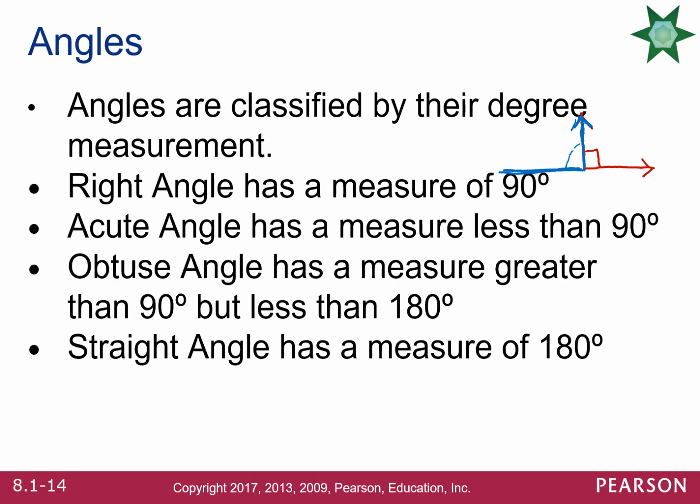This is not quite a straight line, sorry about that, but it's going to be positioned in the opposite direction to the initial side, correct? So that would be 90 plus 90. So 90 degrees plus 90 degrees together will make 180 degrees. So this blue line and the red line have now formed a straight line. Any straight line has a measure of 180 degrees, and you will see that denoted like this. This angle of the straight line is 180 degrees.